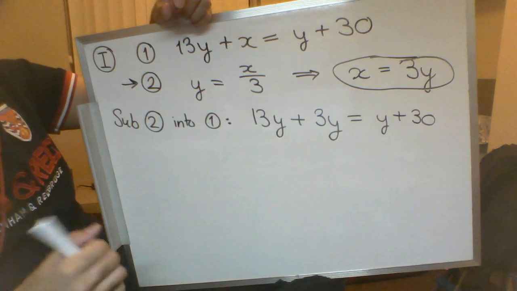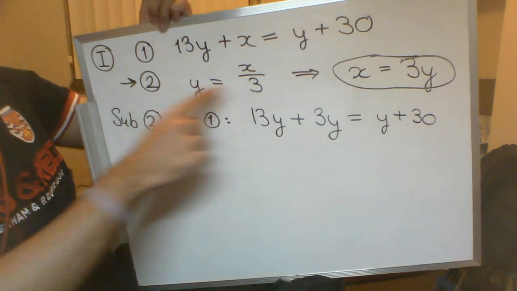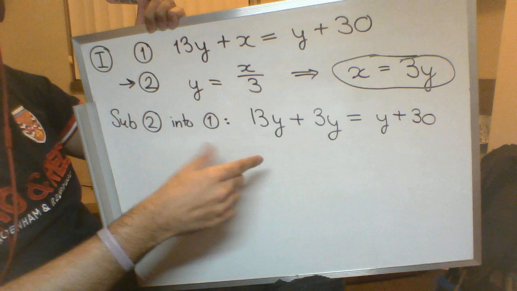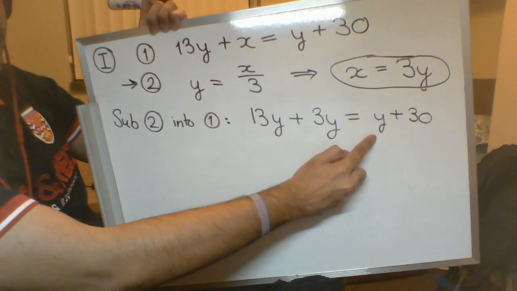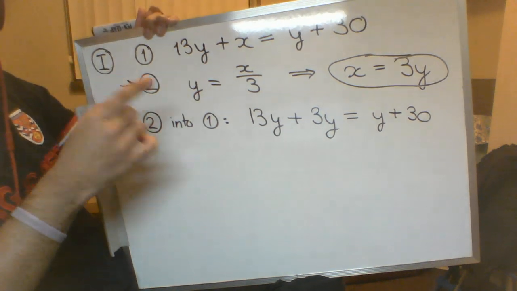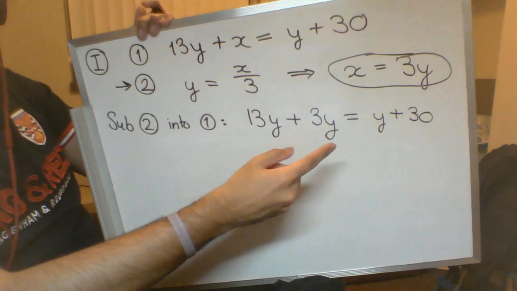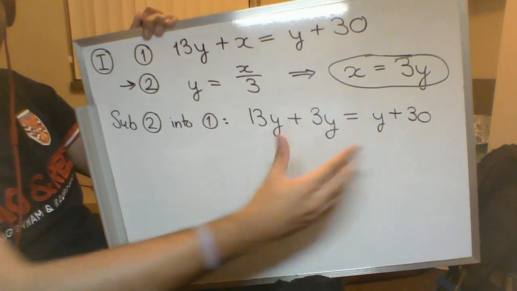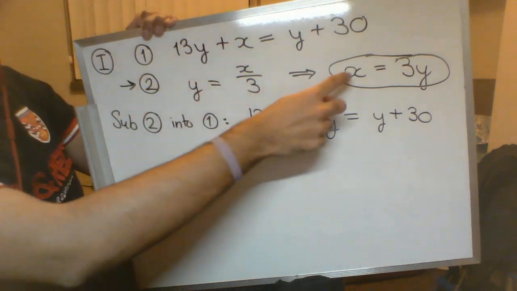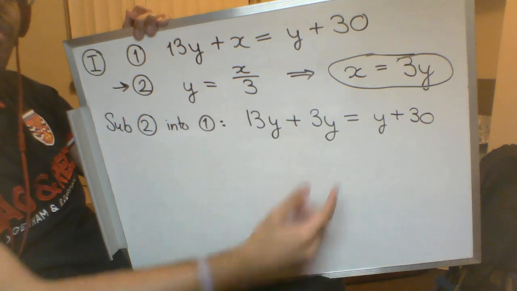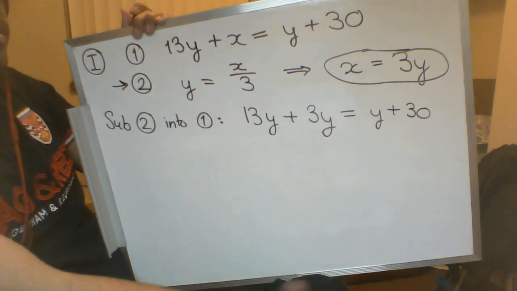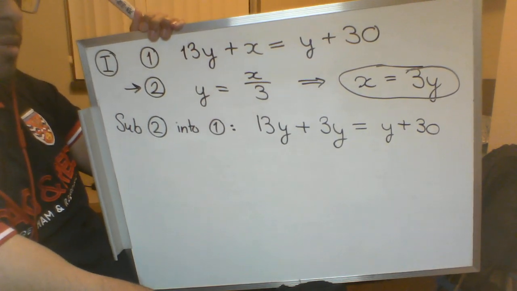Whatever you start out with at the beginning, if you choose equation 2, solve for x, then ultimately you're going to end up dealing with equation 1 with y's. Whichever equation you choose at the start, you're going to end up working with the other equation first, actually solving it for something, and whichever variable you solve for first over here, you're going to actually get a number for the other variable first. Okay, so it's a little bit backwards that way.